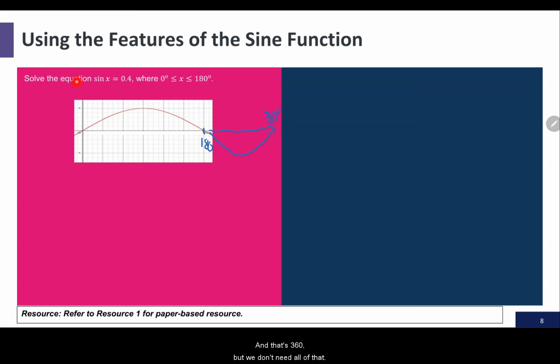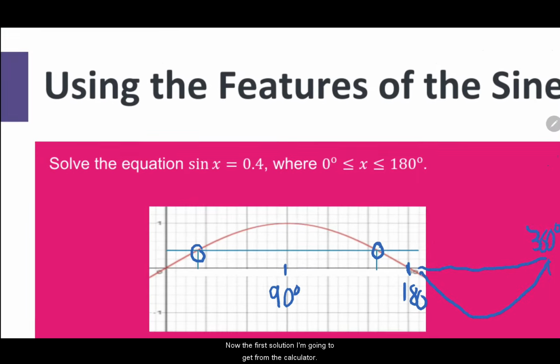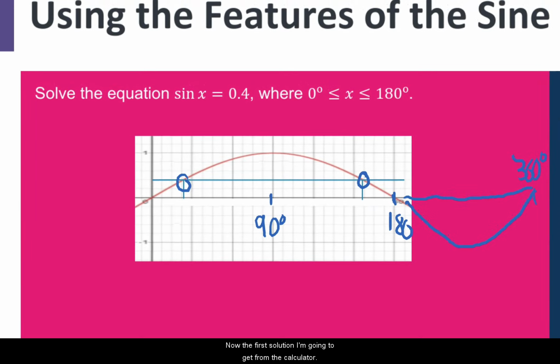But we don't need all of that. There is 90 degrees there. So sine x equals 0.4. So I'm going to draw a horizontal line at 0.4, and you can see my two solutions there. Now the first solution I'm going to get from the calculator.